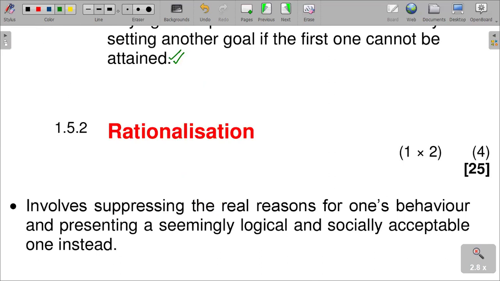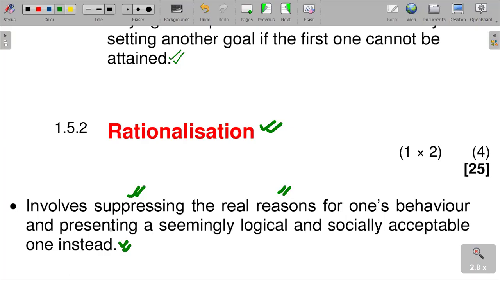Rationalization, what is it? It actually involves suppressing the real reasons for one's behavior and presenting a seemingly logical and socially acceptable one instead. We are saying a person's behavior is being suppressed and then there is presentation of a seemingly logical and socially acceptable one.